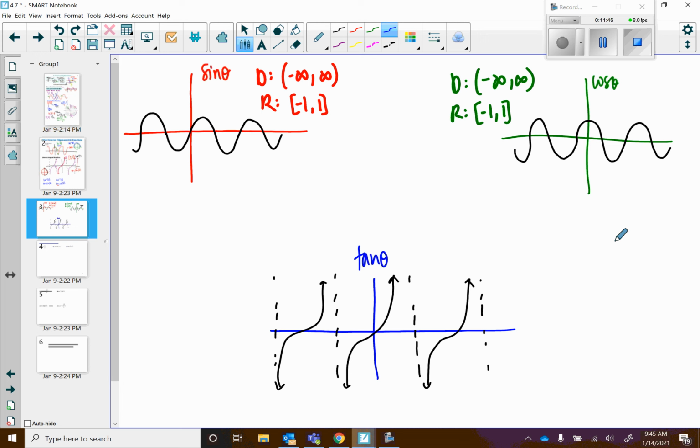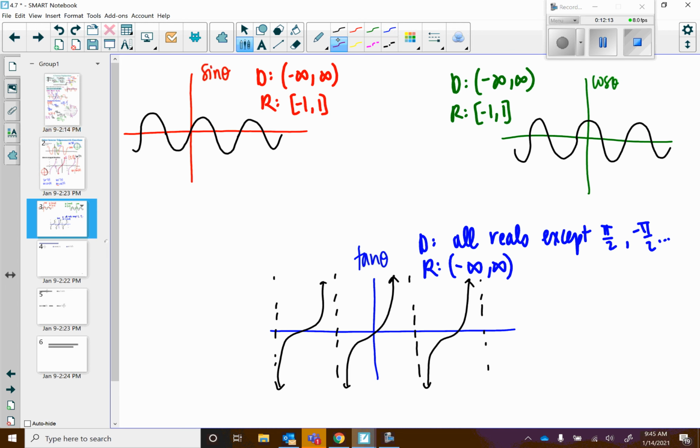That it's everything except those asymptotes here. So I'll just write all reals except the asymptotes. So pi over 2, that would mean -pi over 2, etc. And then the range here is actually easy, from -infinity to +infinity. These are, again, domain and range of the original functions, not the inverses.